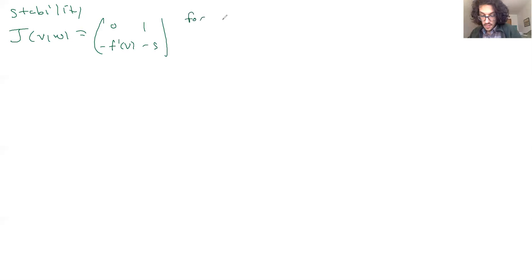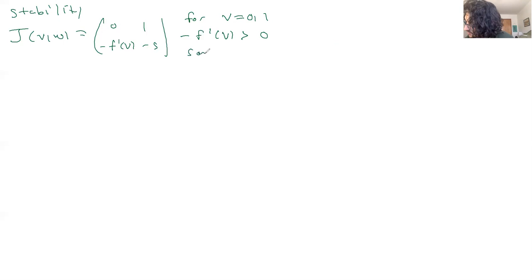So for v equal to 0 or 1, those are the two fixed points on the left and right ends, right? We have that minus f prime of v is greater than 0, since we know that f prime of v should be less than 0 for those to be stable fixed points in the original bistable equation, okay?